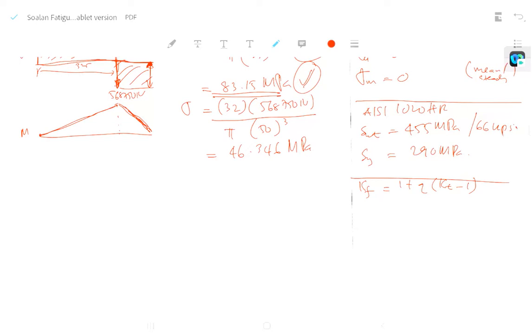We have to look at the tables. It is only bending, and no torque.